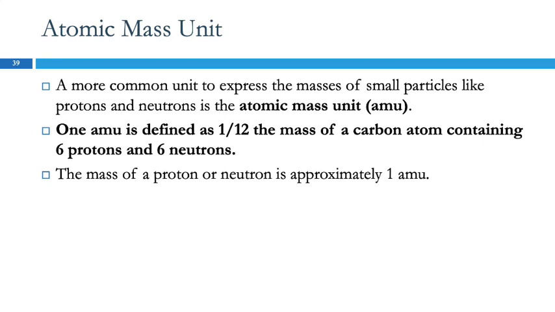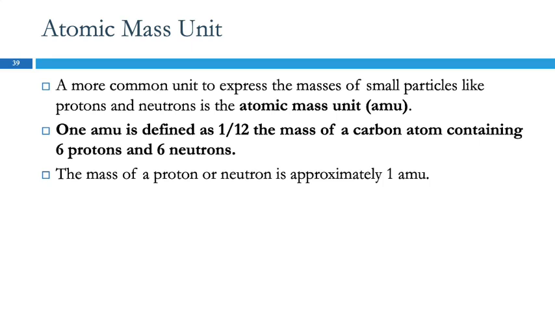I don't know. But this unit is called the atomic mass unit. It's a unit used for measuring the mass of an atom. So the definition is kind of weird. One AMU is defined as 1/12 the mass of a carbon atom containing 6 protons and 6 neutrons. So this carbon atom in its nucleus has 6 plus 6, 12 of these particles, right?